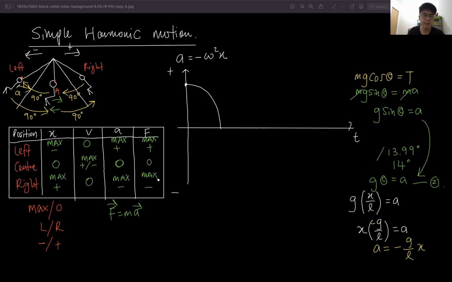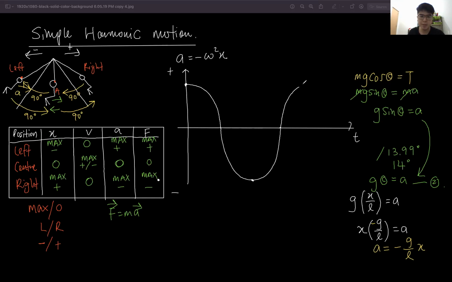Displacement increases in the negative direction, so here I continue to draw the increase in the negative direction until maximum. Then the third section is returning back to center from the left, right? And then the whole thing repeats.